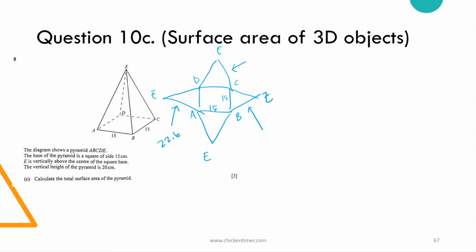Then we don't know about the height of BAE. We don't know about that. So what we're supposed to do is to find that height.